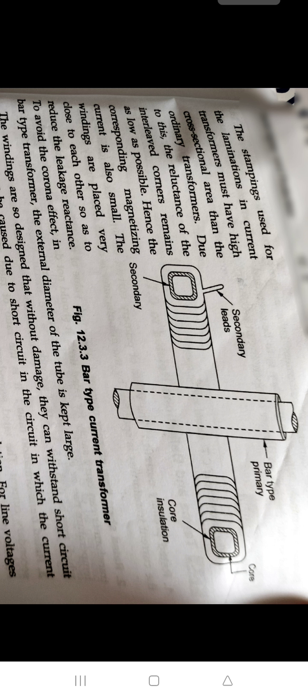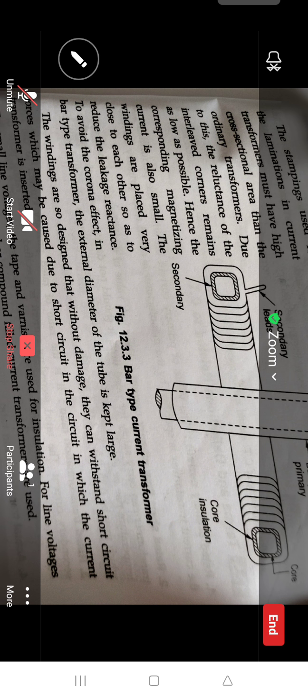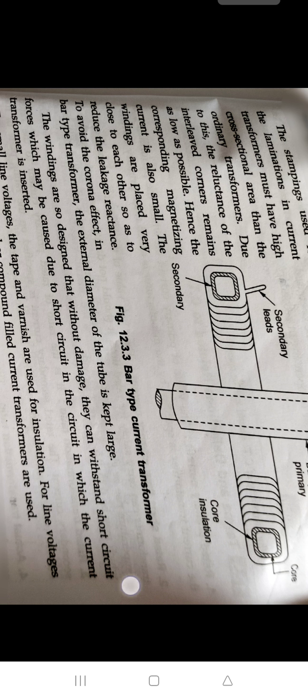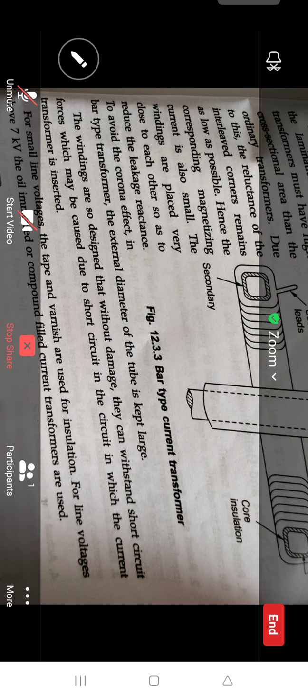To measure when high current passes. So this current transformer is used in very high voltage, and whenever very high voltage is present, we have to keep in mind that the corona effect may occur if the voltage goes very high, so we have to also prepare to reduce it.